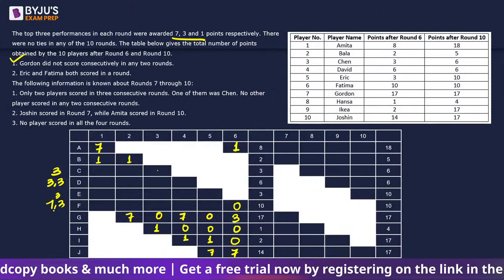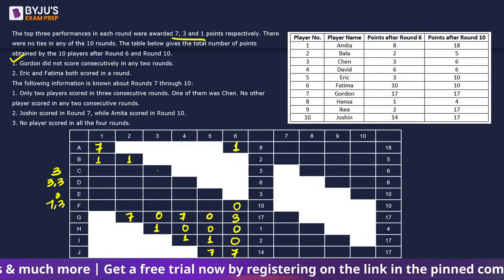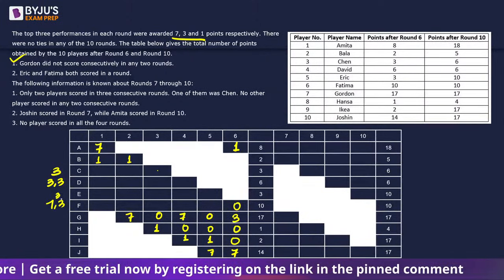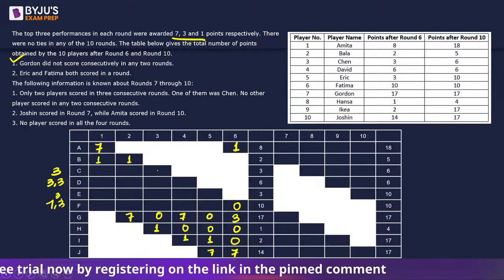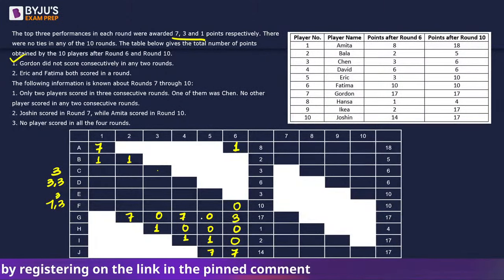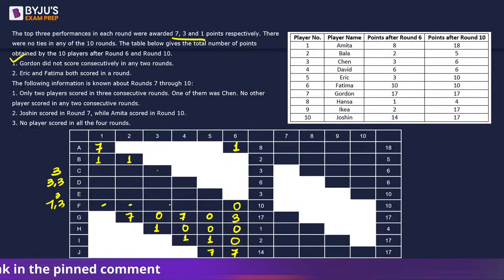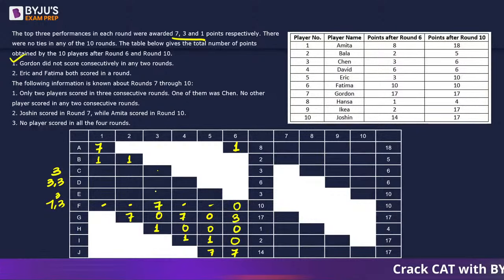So if I look at Eric and Fatima, they both have to score. Obviously, they both cannot score 3 in the same round. So एक round में 7 होगा, एक round में 3 होगा. Now you can't put a 7 and a 3 here. You can't put 7 or a 3 here. You can't put 7 or a 3 here. इधर भी नहीं आ सकता. So the only place we can put 7 or a 3 is this. कि ये 7 होगा and this is going to be 3.